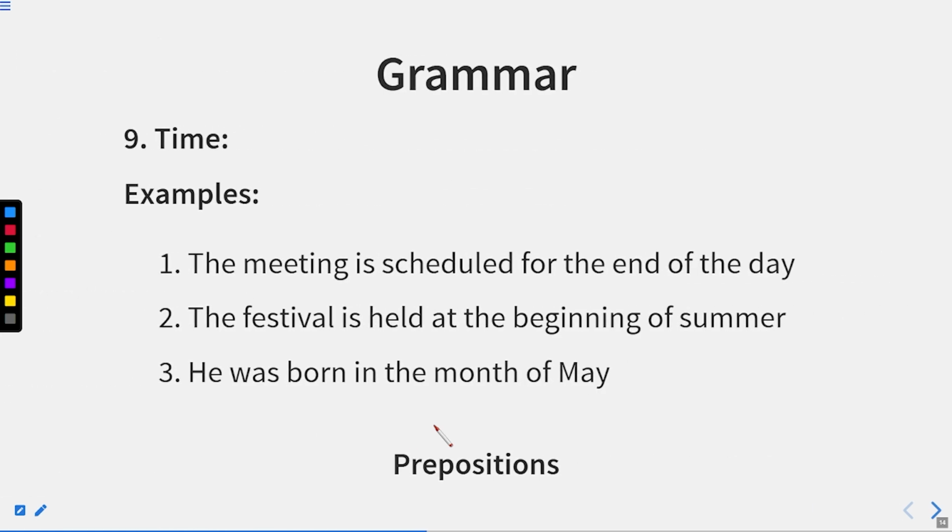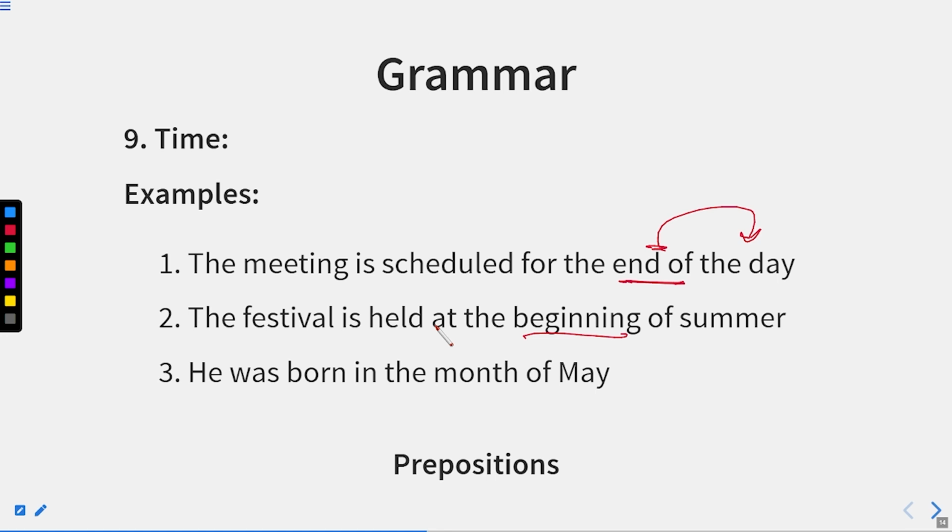To show the time, the meeting is scheduled for the end of the day. Now, end of the day, so we are talking about the end, which is of the day. It means which is about to finish. The festival is held at the beginning of the summer. So the beginning of summer shows the time which belongs to the summer part, but the starting part of it.